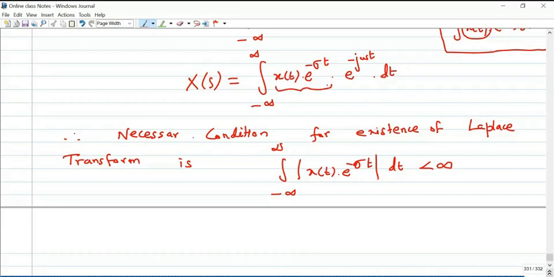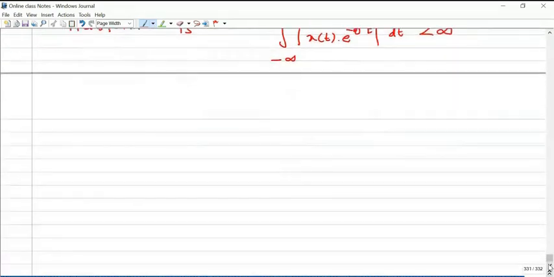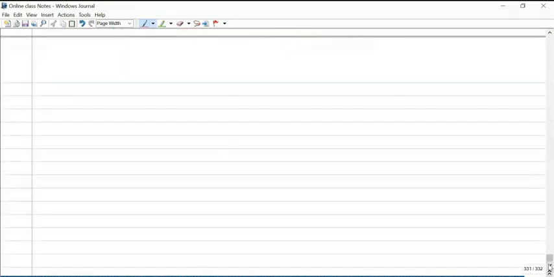This is the necessary condition for existence of the Laplace transform. So one simple example I can give you, from which you can easily understand why we need the Laplace transform.